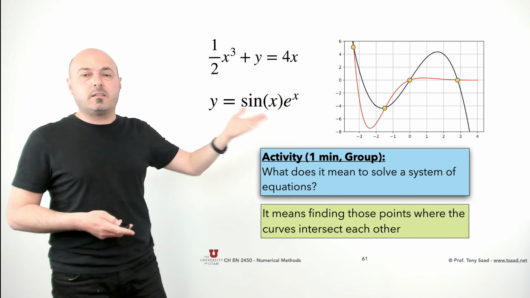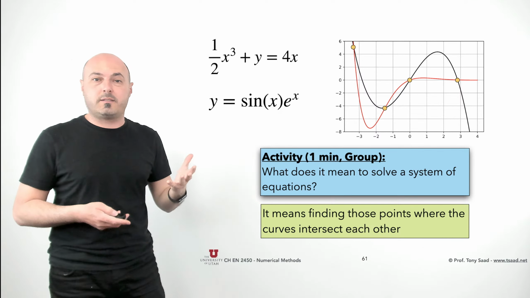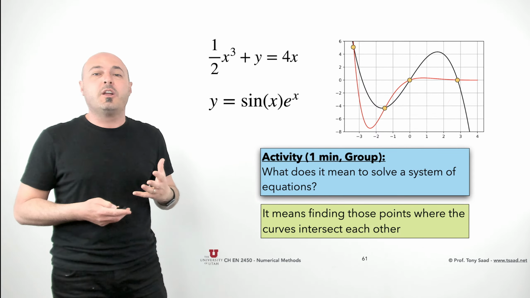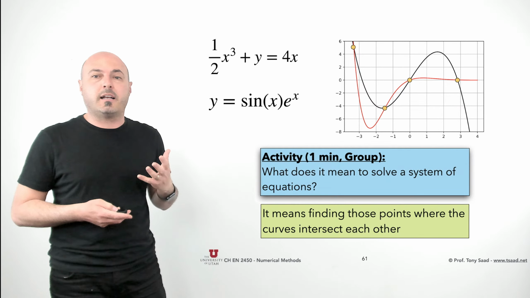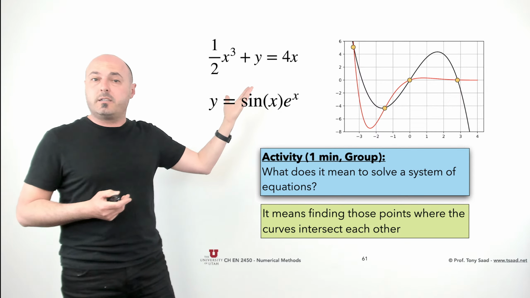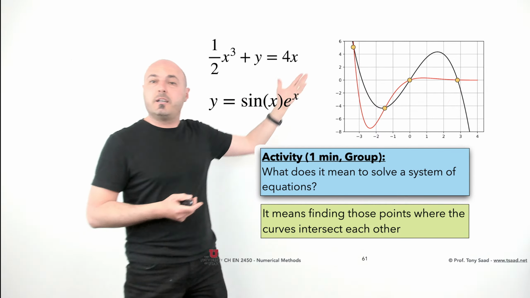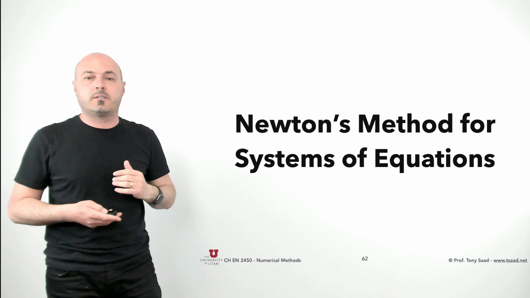But once you write this in residual form, the story still holds. It's where those curves intersect each other. But in general, when you're solving systems of equations, and this applies for linear systems as well, it's finding all of those points where all the lines, all the curves, intersect with each other.